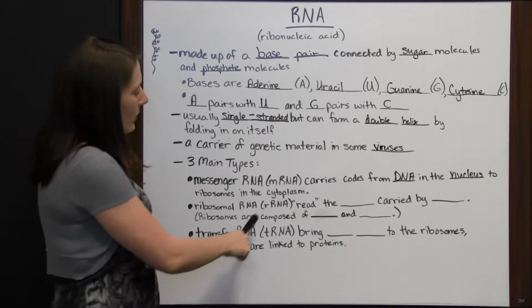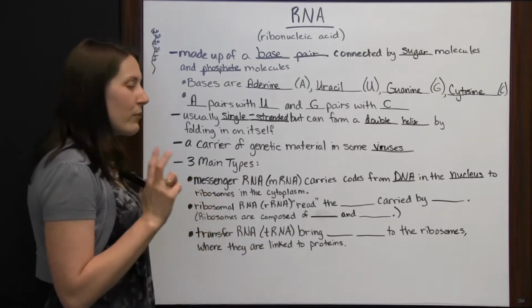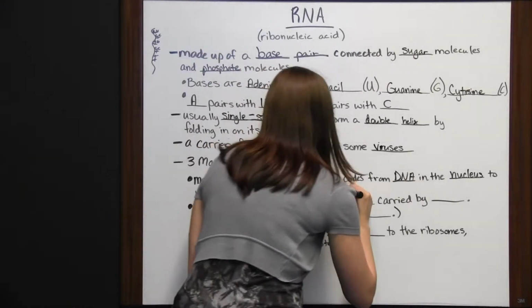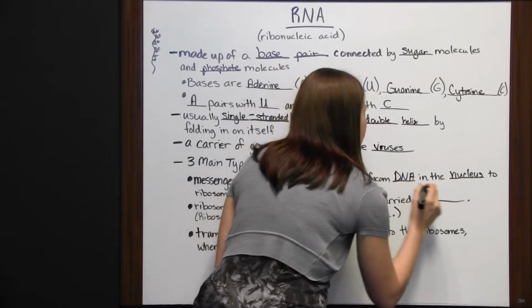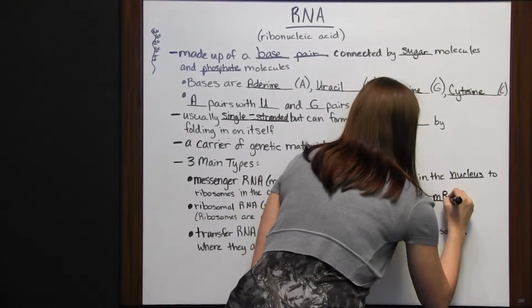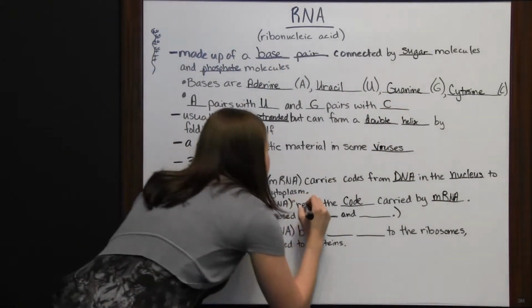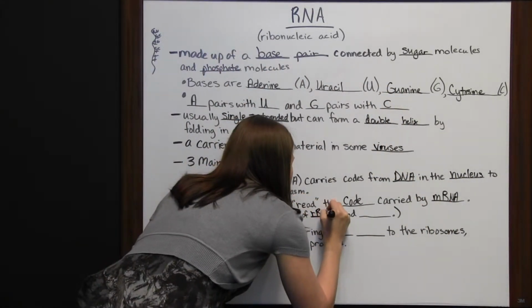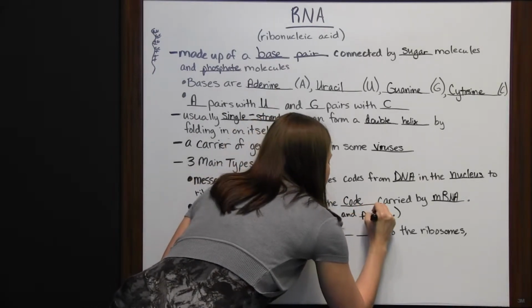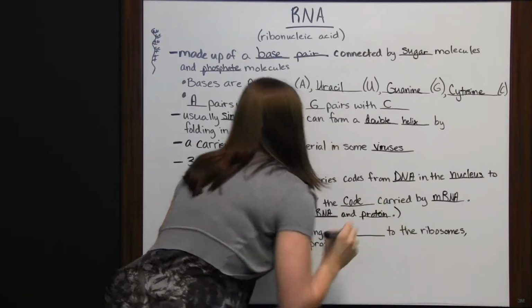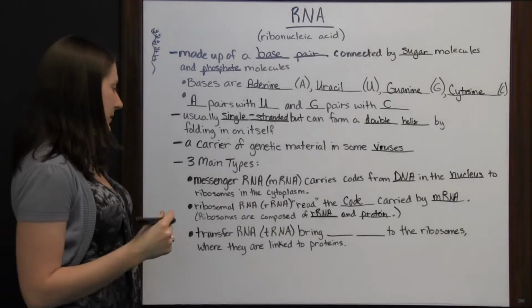Ribosomal RNA, or rRNA, they read that code carried by the messenger RNA. And ribosomes are composed of the ribosomal RNA and proteins. So the ribosomal RNA is a big part of ribosomes.